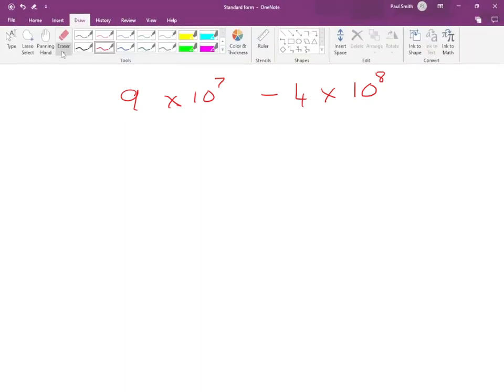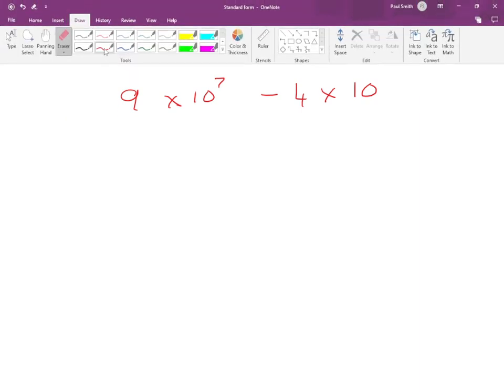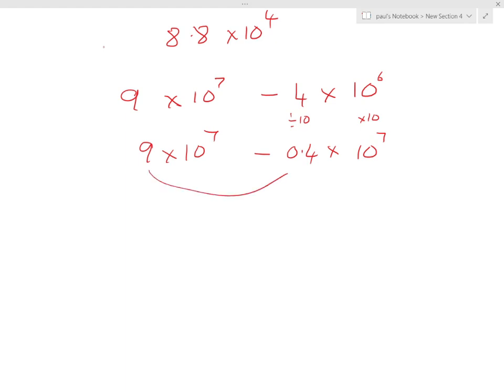Let's make that 4 times 10 to the 6. So this is too small, isn't it? So we're going to multiply by 10 to make that 10 to the 7, and divide that by 10 to make that 0.4. And then we've got 9 times 10 to the 7. Now 9 take away 0.4 is 8.6 times 10 to the 7. So there you have it.